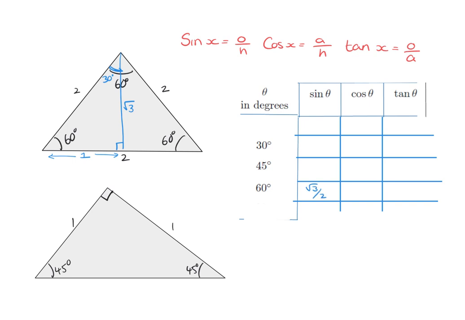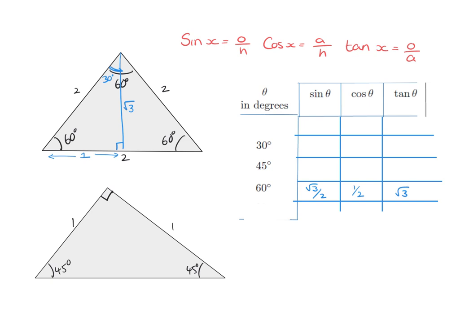Now, if I have a look at my adjacent, which has a length of 1, and my hypotenuse is 2, so that means that cos 60 has a length of a half. And then tan is opposite over adjacent, so this is going to be root 3 over 1, which is root 3.